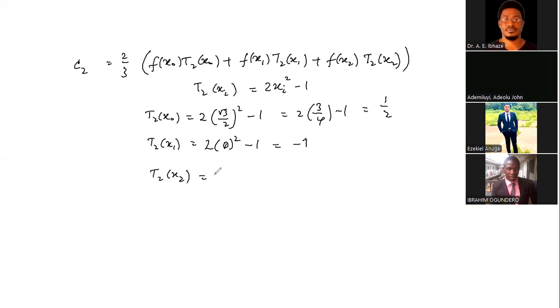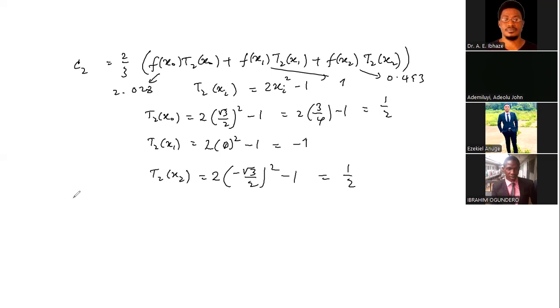And then that will give us 2 into bracket negative square root of 3 over 2 squared minus 1. And this brings us to the same value, which is half. We already know what f of S0 is, which is 2.028. We know f of S1 is the same as 1. And then we know f of S2 is the same as 0.493.